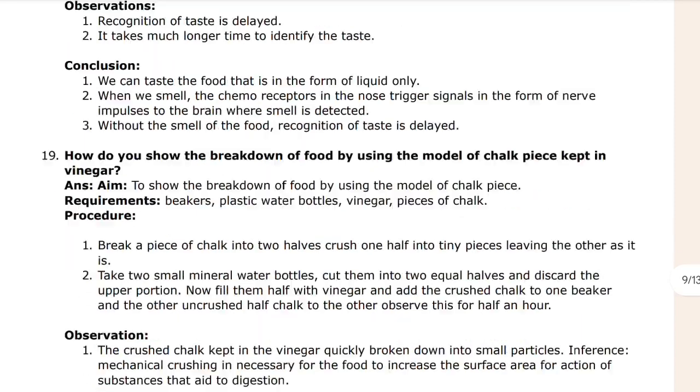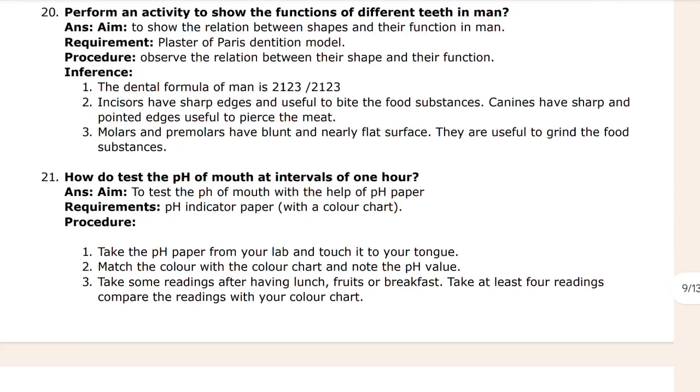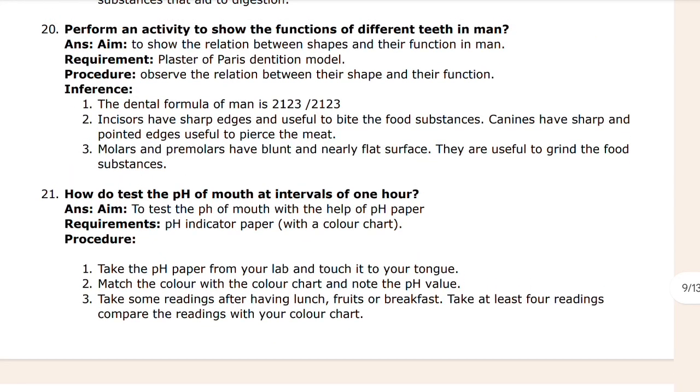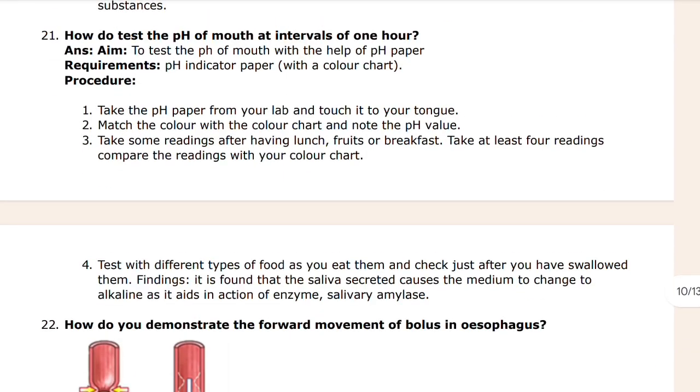Right, and then 19, we can see how do you show the breakdown of food by using a model of sex species. Then 20, you can see perform an activity to show the function of different teeth in man. 21 you can see.